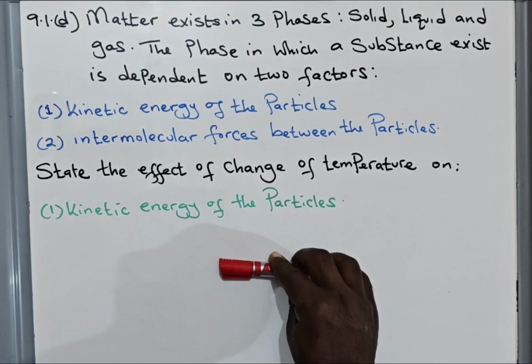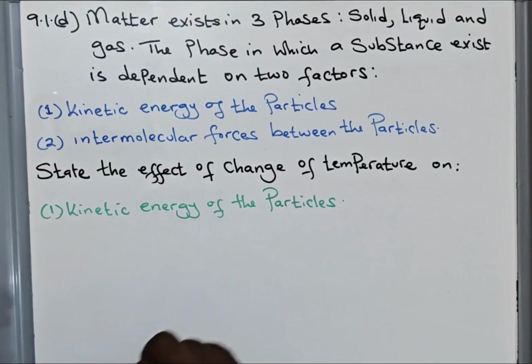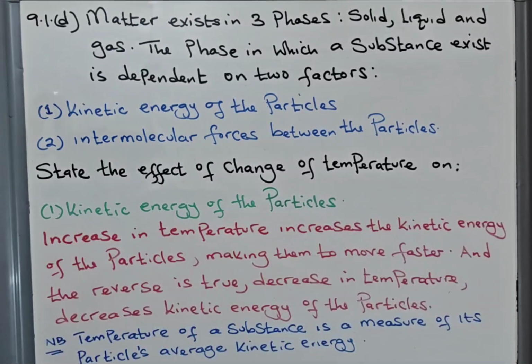So that is the relationship. There's a point to note here that temperature of a substance is a measure of its particles' average kinetic energy. This is what we call temperature.